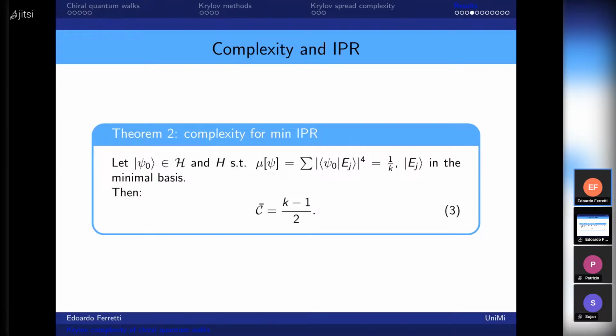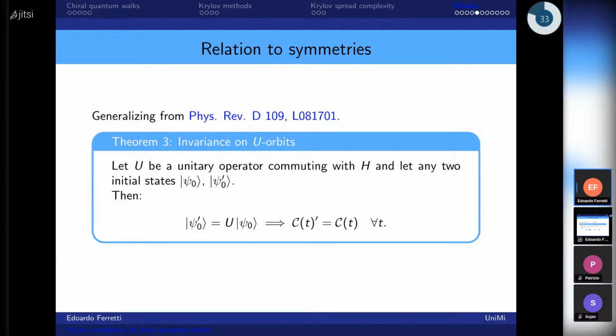And it can be proved that if we have an initial state which on its Krylov basis is equally spread, then it's easy to compute C bar without even computing the Krylov basis, and it just yields this value.